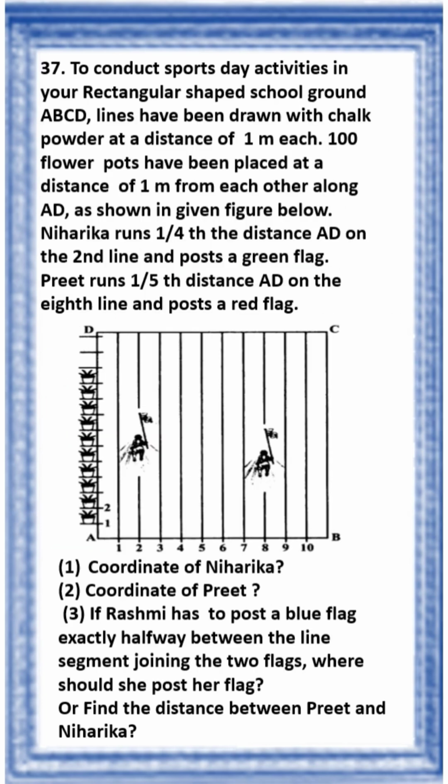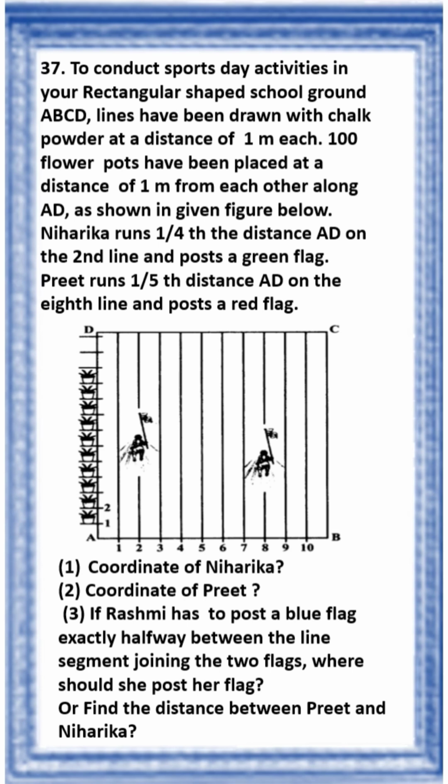Now let us solve 37th question. To conduct sports day activities in your rectangular shaped school ground ABCD, lines have been drawn with chalk powder at a distance of 1 meter each. 100 flower pots have been placed at a distance of 1 meter from each other along AD as shown in the given figure below. Niharika runs 1/4 of the distance AD on the second line and posts a green flag.